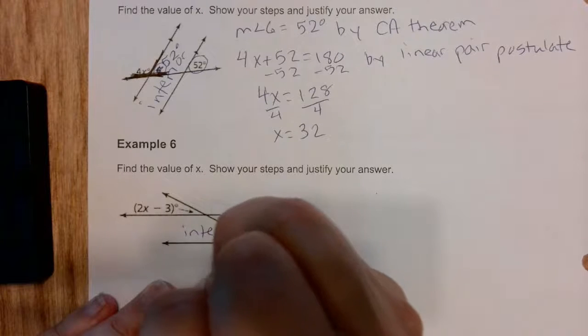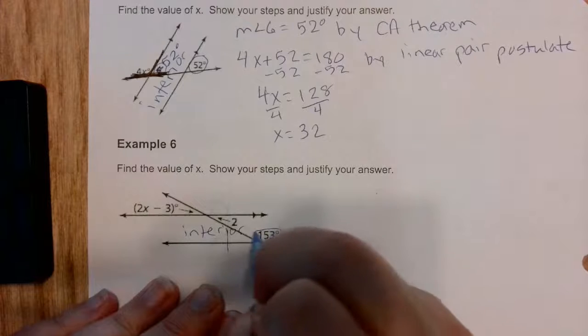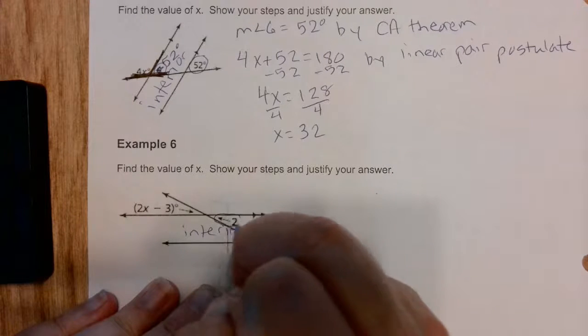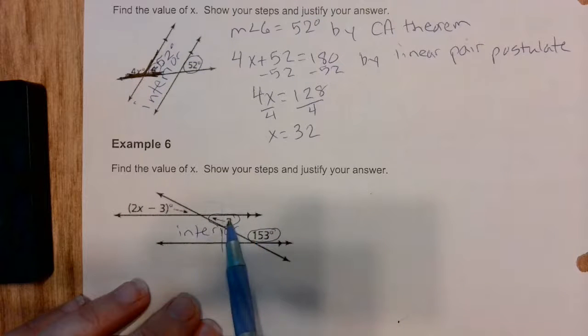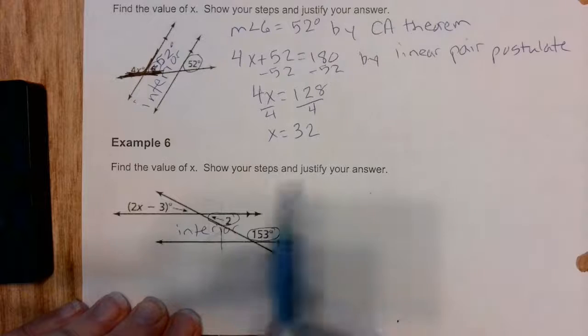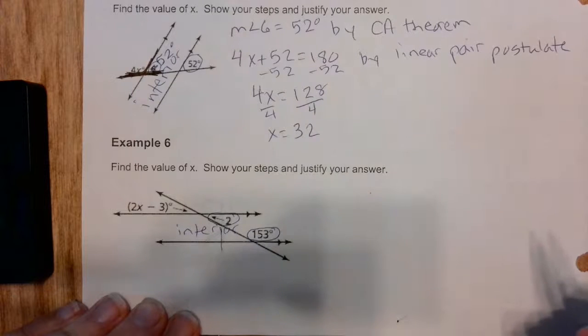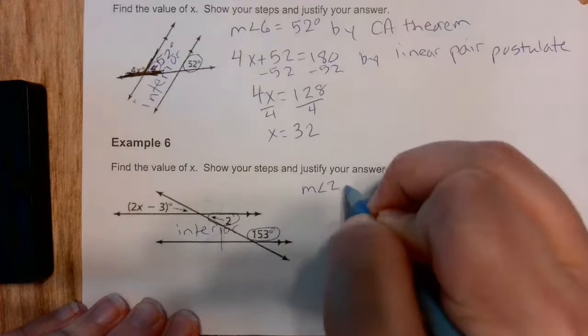Here's the interior angles. The 153 and the 2. Look, they're both inside and they're both on the right side of the transversal. They are consecutive interior angles. They add to 180.